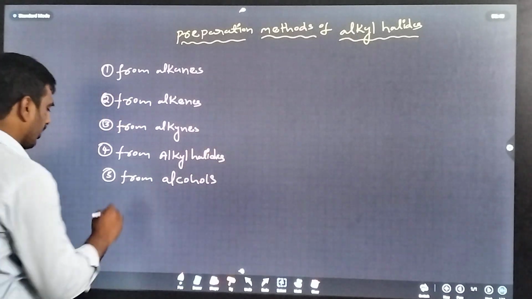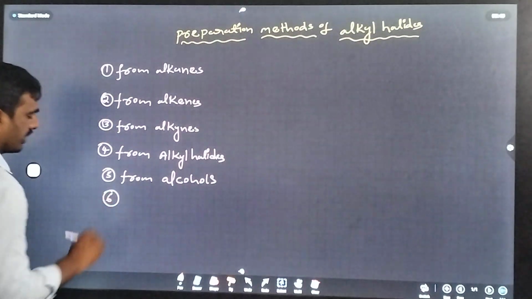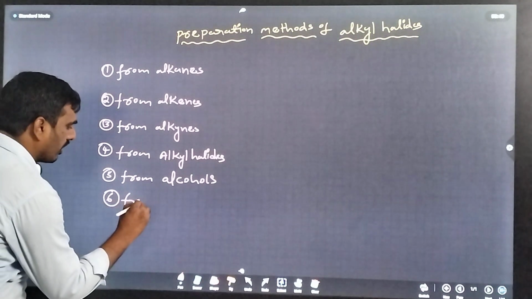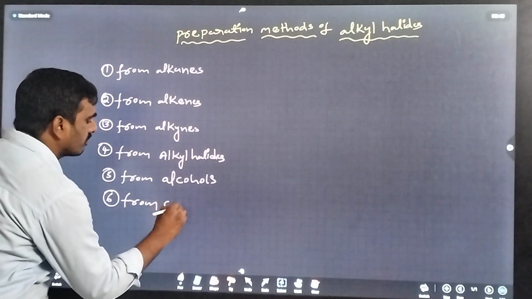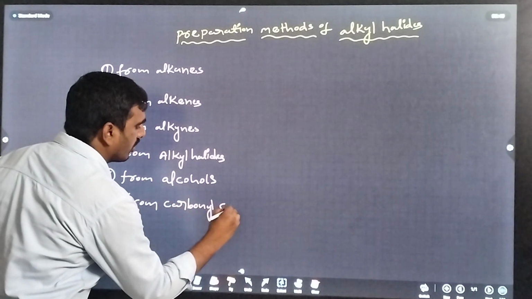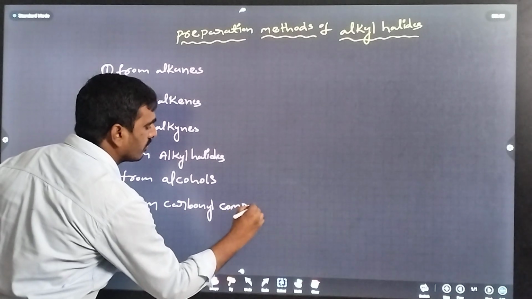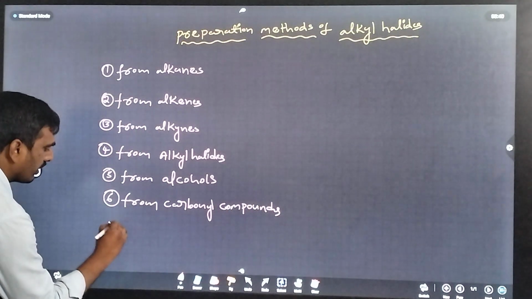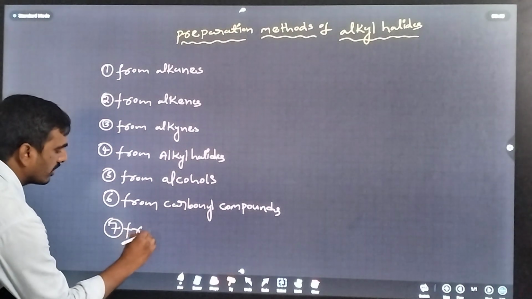Next, the sixth one is from carbonyl compounds. The seventh one is from carboxylic acids.